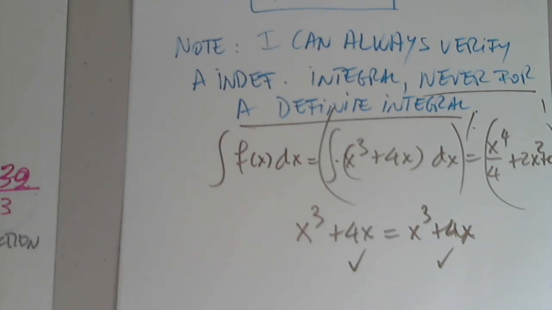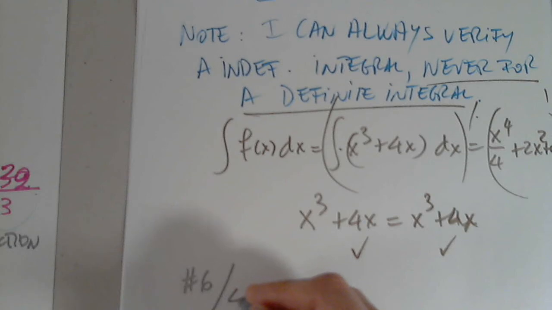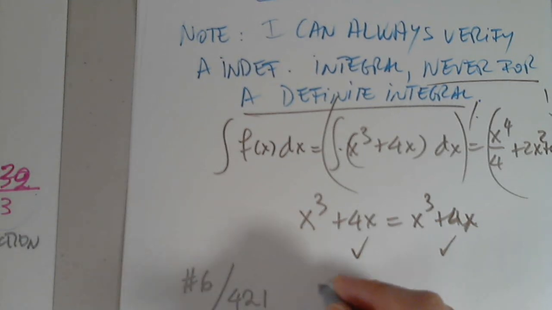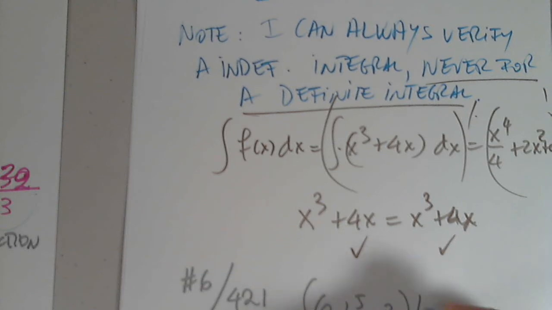Okay, so finally, what is the substitution rule? And I like to start with problem 6 on page 421. Okay, so the problem has an indefinite integral, 2t to the 5th minus 3 multiplied by t to the 4th dt.